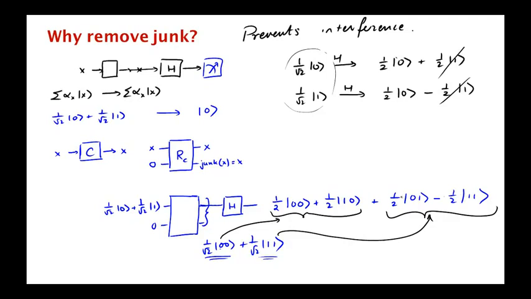And so you should have been left only with the first qubit equal to 0. But now the second qubit doesn't allow these two pieces to interfere with each other, because these two are different states. These are orthogonal states. They can't interfere with each other. And so the presence of this junk here, junk of x, actually prevents an interference pattern from happening. And so we get the wrong results in our quantum computation.